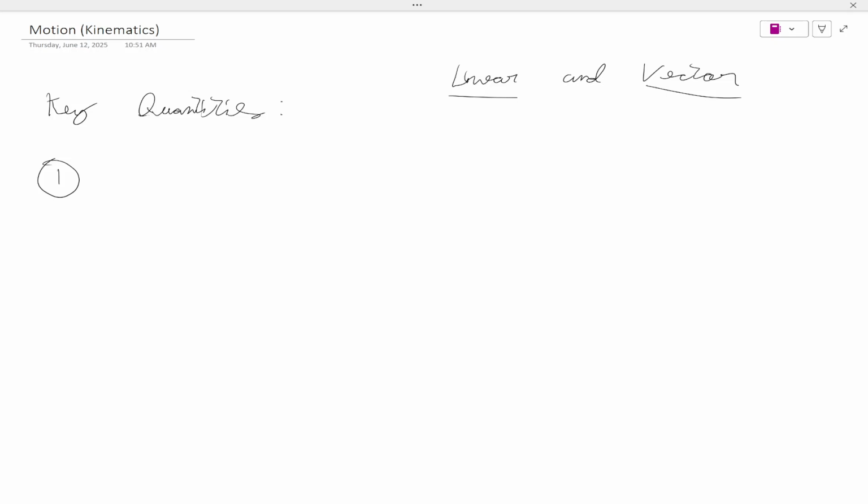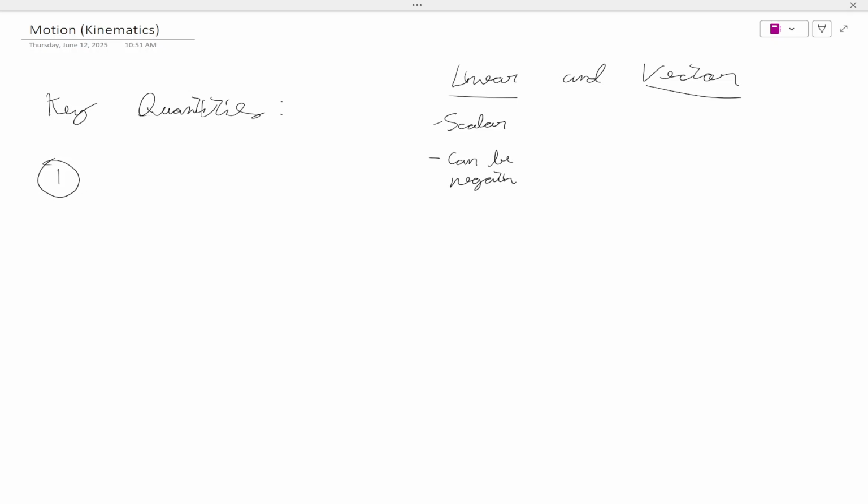Linear is just the linear motion, just magnitude. It's a scalar type of unit. Keep this in mind: scalar just means it's number based only. It has no direction. It can be negative. That's a very important thing.